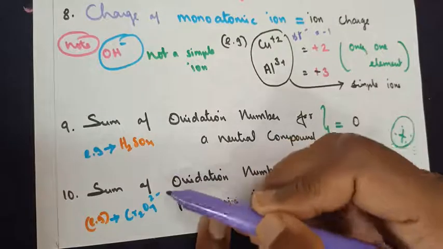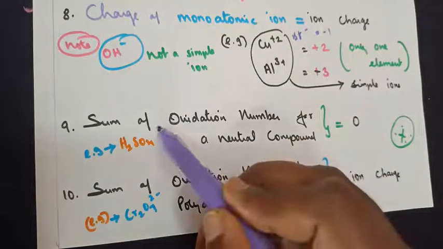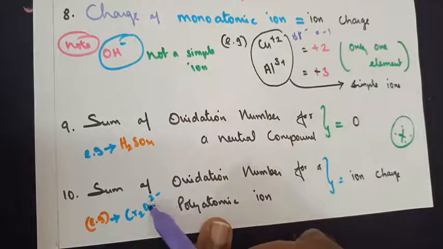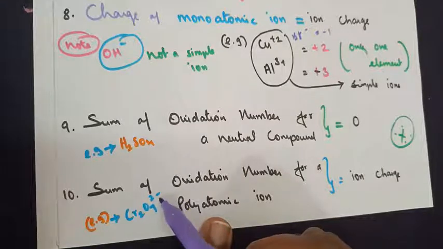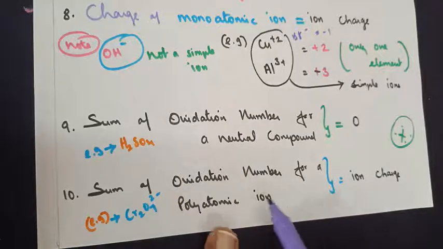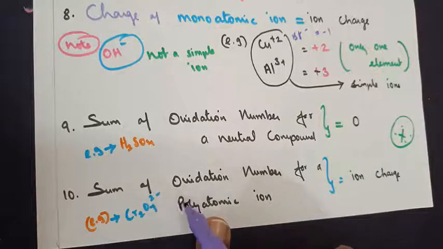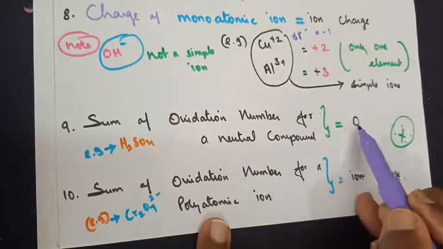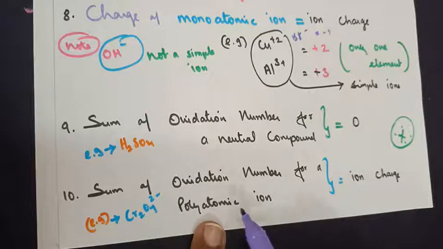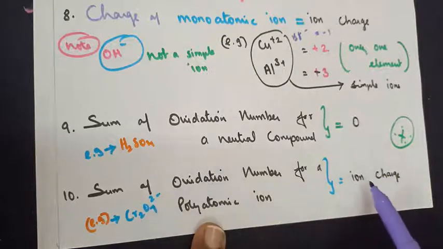You will be able to distinguish between them. Here they have not written any charge. Here Cr2O7 2−, the charge is written as 2−. So in this case, the overall charge is equal to the ion charge. So neutral compound charge is 0. For a polyatomic ion, whatever charge is written, that charge is equal to the sum of oxidation numbers.